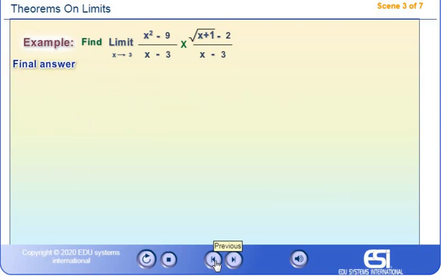Final answer equals 6 times 1/4 equals 3/2.